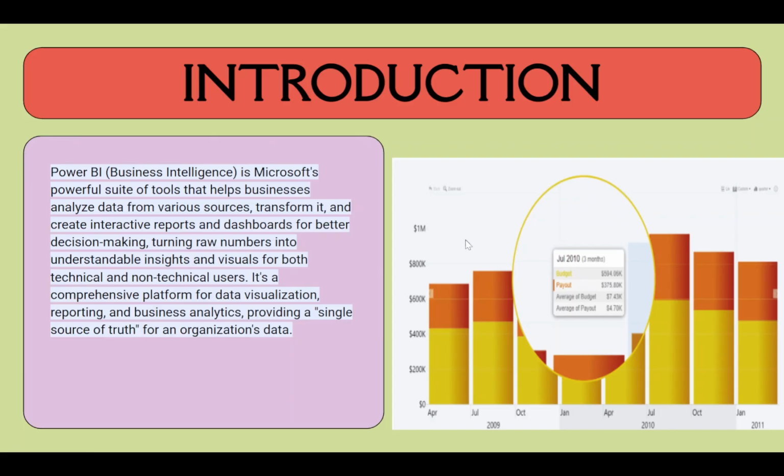In simple terms, Power BI is the same as whatever you are seeing in the image on the right side. This image explains a lot of information. It explains sales month-wise. Even by looking at the image, you can see which month has more sales.